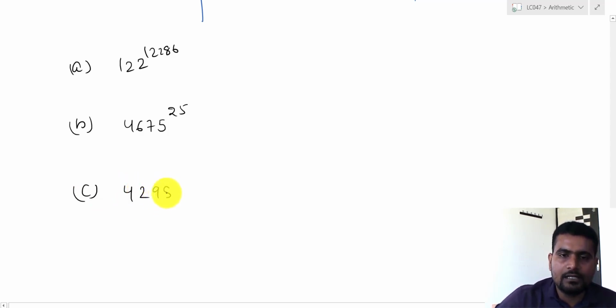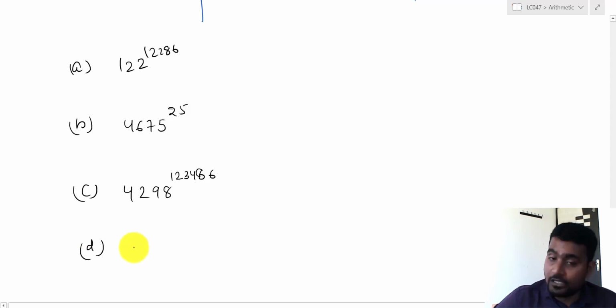Then 4298 raised to power 20, and 123486. Another could be, and this question I'm giving you, try it at home, and in the next class we'll see how you can solve this. It is 1234 raised to power 1234 raised to power 1234.